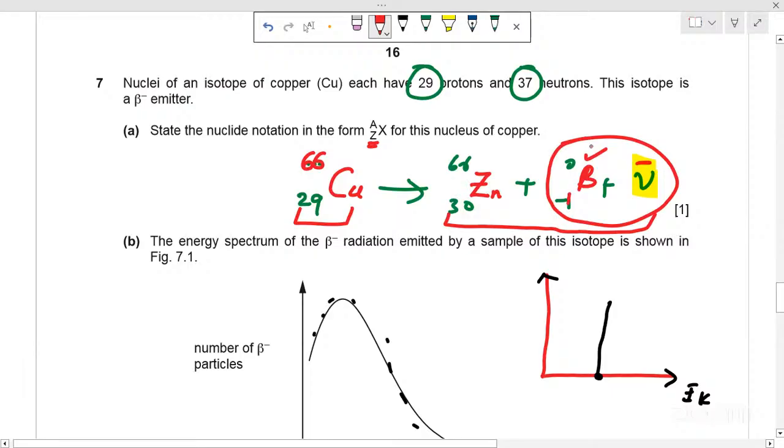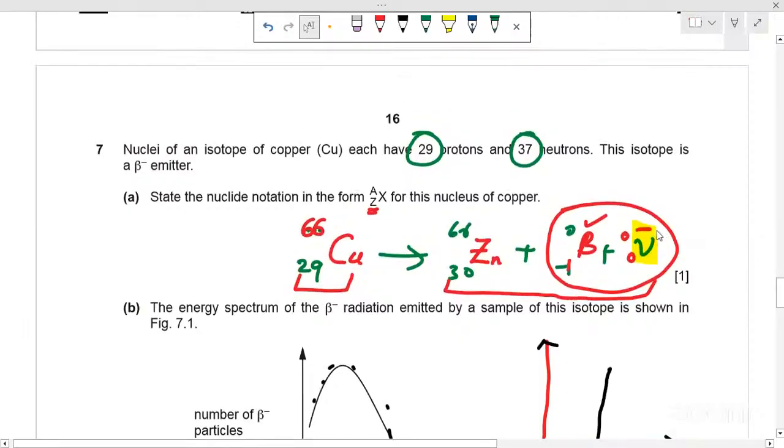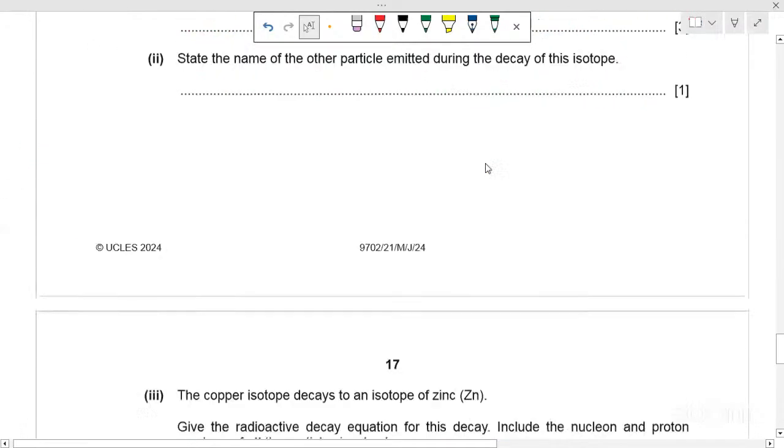Then you will mention the antineutrino with 0 charge and 0 nucleon number. As the examiner requires the radioactive decay equation to include the nucleon and proton numbers of all the particles, if you do not write the proton number and nucleon number of any particle, you will not get full marks.